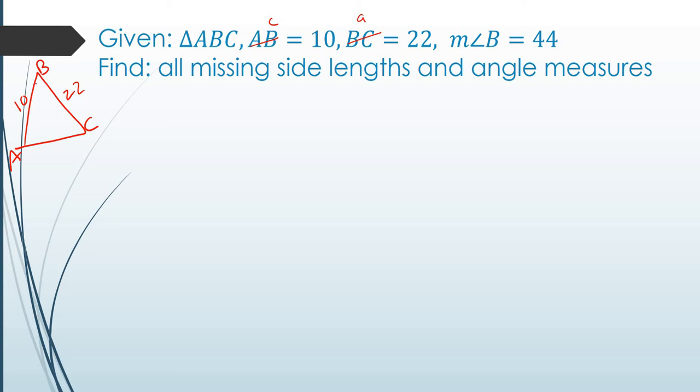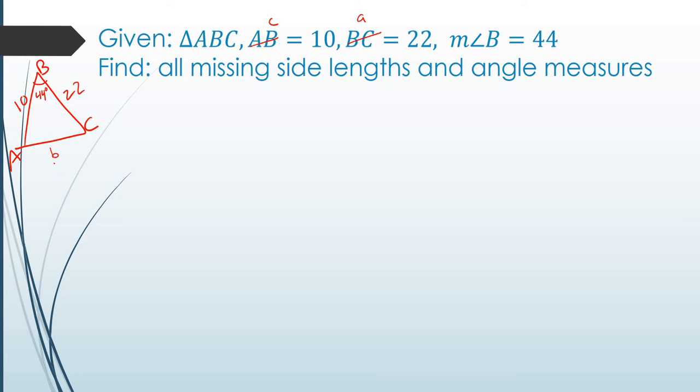And the measure of angle B is 44 degrees. Now you note that I cannot use law of sines here or SOHCAHTOA. I don't know if I have a right angle, and I don't have the side opposite the given angle. As a matter of fact, that's the variable that I'm looking for.